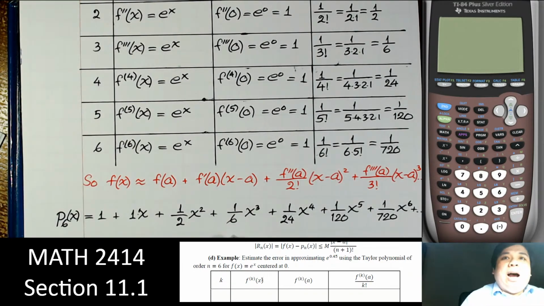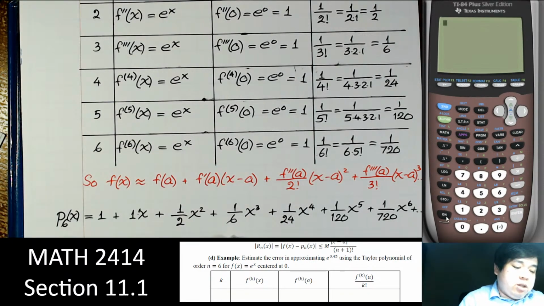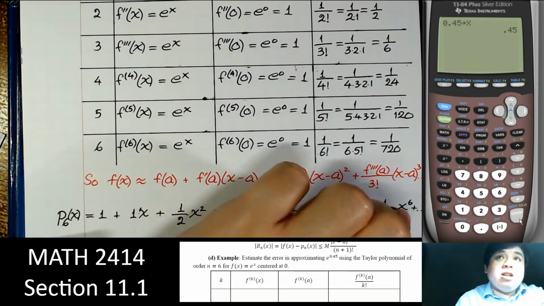For this, I'll use the calculator because I'm not going to do all of that by hand. The best way to do it is to store this number into x. So 0.45, store into x. And then we evaluate this.